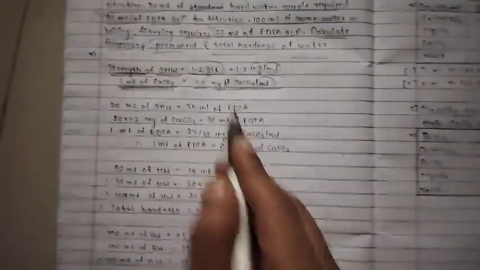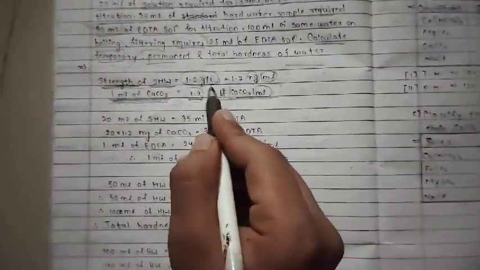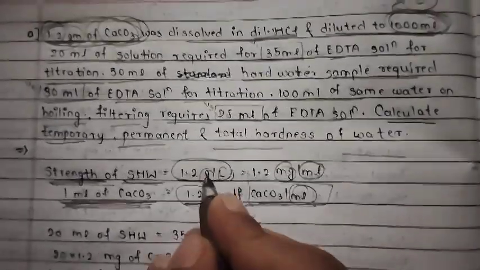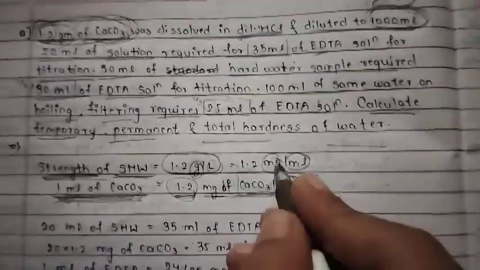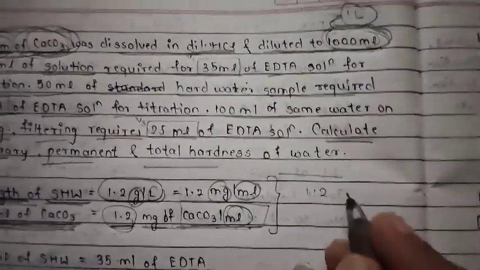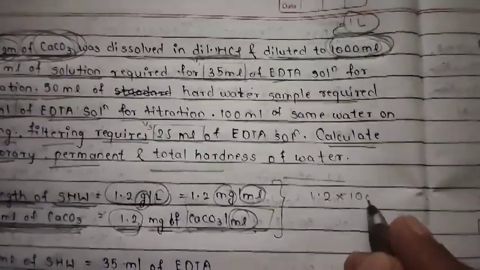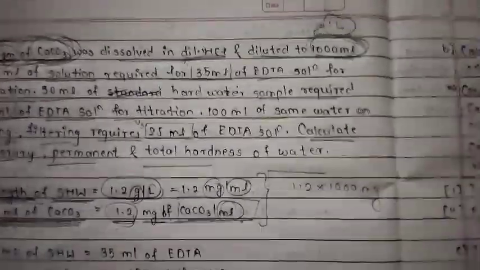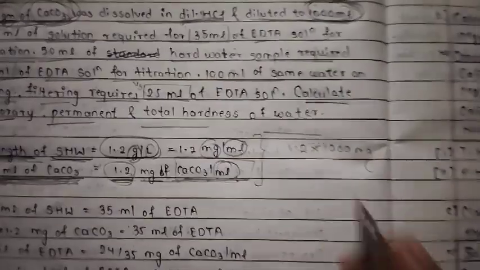So dividing 1.2 by 1 gives 1.2 gram per liter. If we convert it, 1 gram equals 1000 milligram. Here I am solving it for you: 1.2 into 1000 milligram, because 1 gram is equivalent to 1000 milligram.